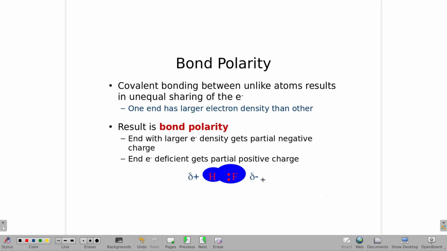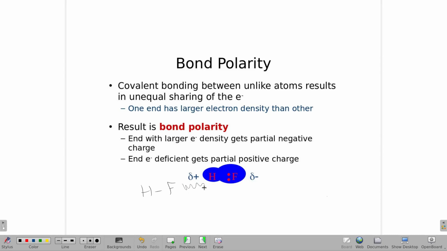Part of that molecule will be slightly more electronegative than the other part. That's what these little symbols are. We're not saying that's positive, because it's still a negative cloud. It's just not nearly as negative on this side. So, a very negative side and a not so negative side. Now that actually does affect chemical properties, because if I have another HF in here, they're going to attract that more negative fluorine to that less negative hydrogen, and there's going to be some attractions there.